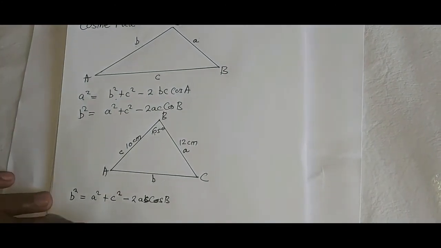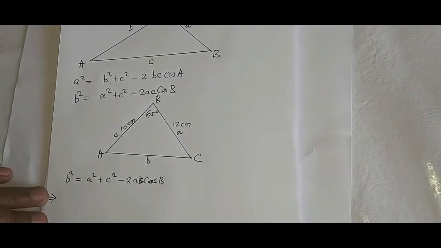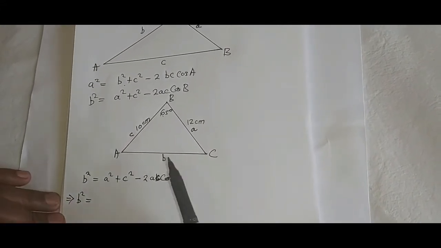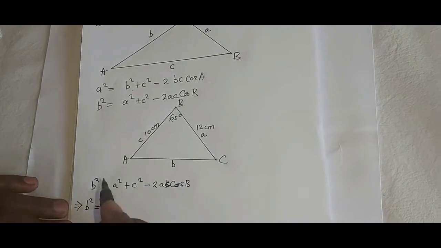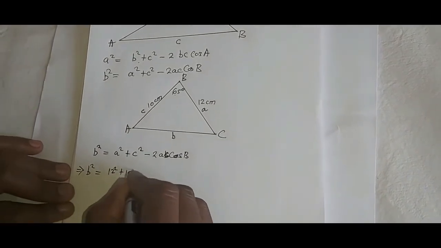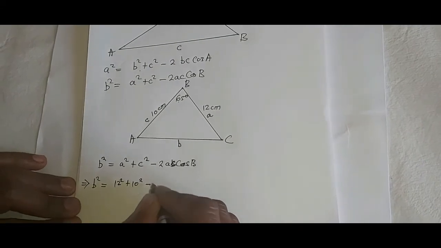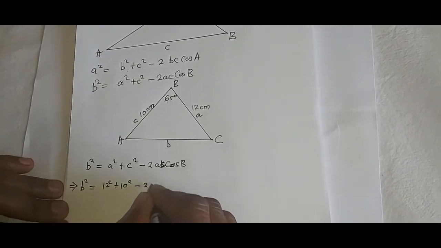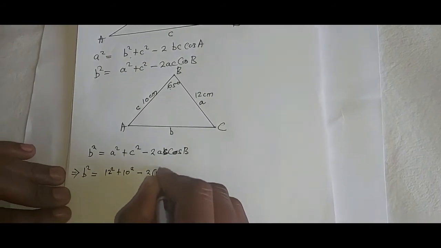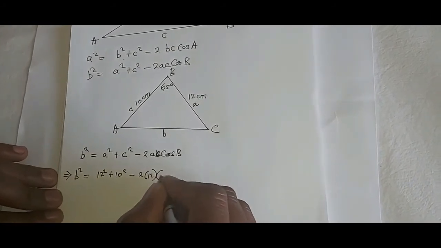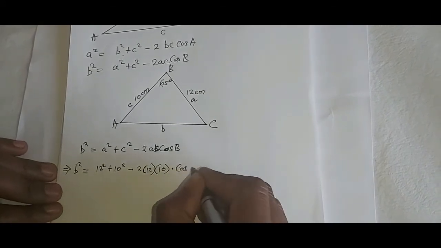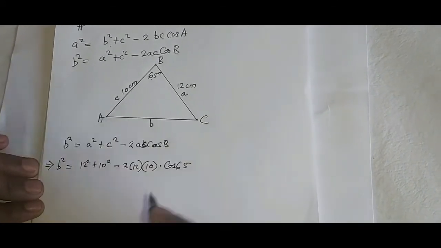So as I do my substitutions, it will be B squared is equals to my A squared, which is 12 squared, plus 10 squared, minus 2 multiplied by A, which is 12, multiplied by C, which is 10, multiplied by cos of 65.